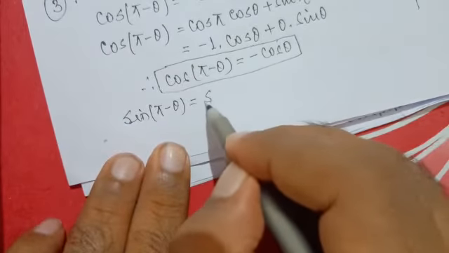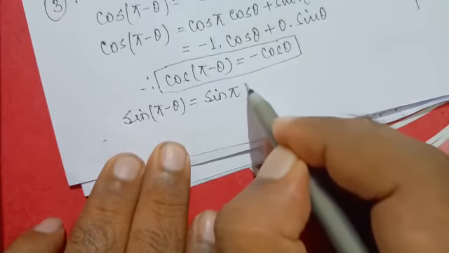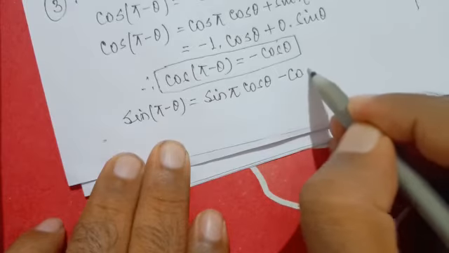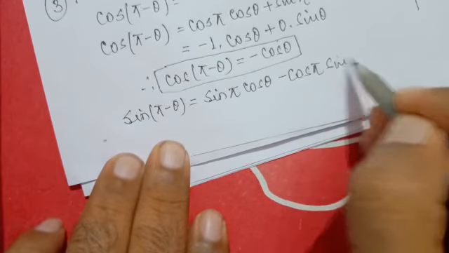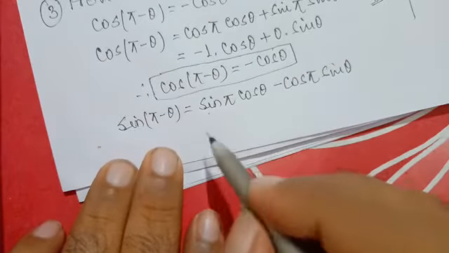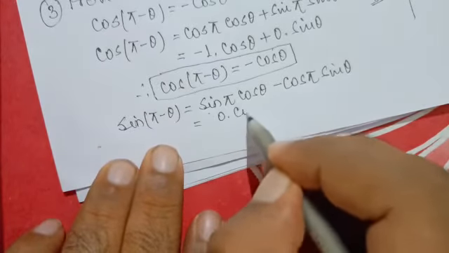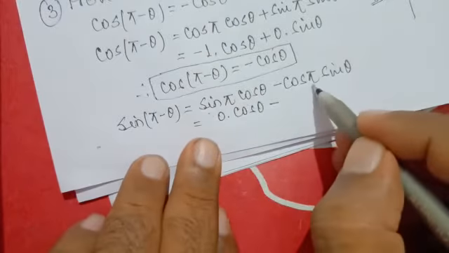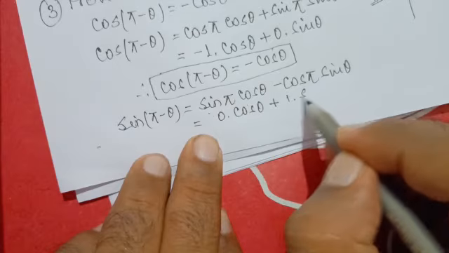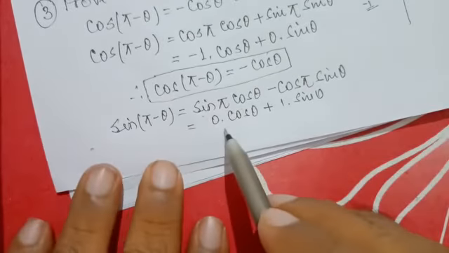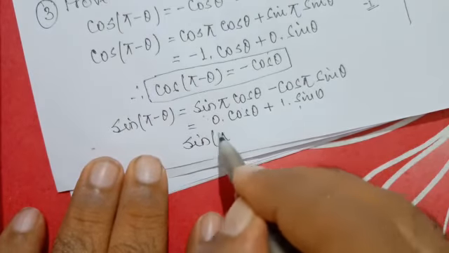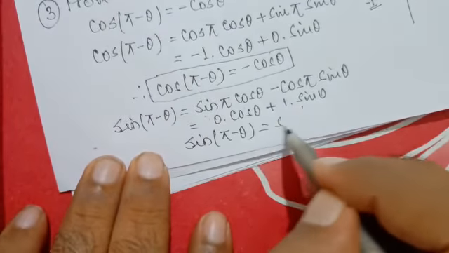That means sin π cos θ minus cos π sin θ. Sin π is 0, you have just seen, so 0 into cos θ, minus cos π, which is minus 1, so this reduces to plus 1 into sin θ. So how much is left? Only sin θ. Hence sin(π − θ) is equal to sin θ.